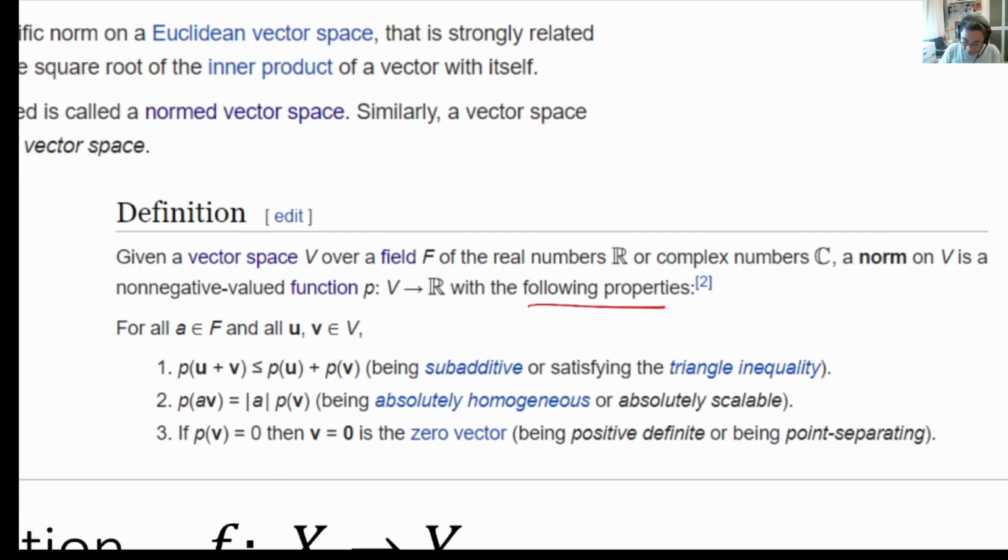And the third property, positive definite, means the norm always gives a positive value, and only gives the zero value when the vector v is the zero vector. These are the three properties needed to be called a norm on V.